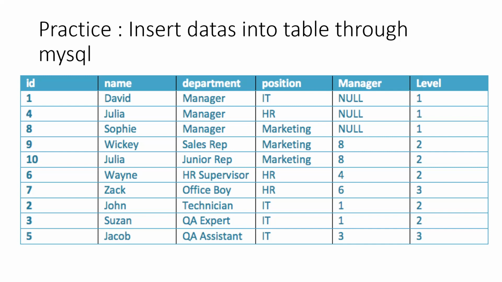Final one is level. Level is related to the grade: they are in the first level, first grade, second grade. So they are categorized as 1 2 3. So this is the model view for your learning purpose. You just see this.